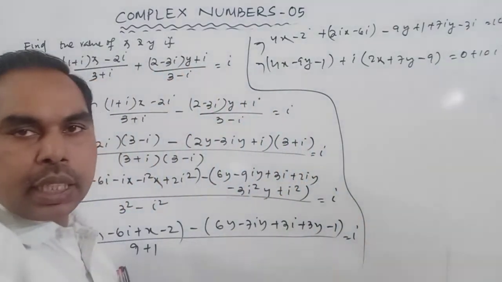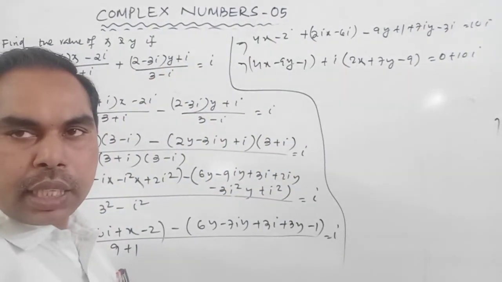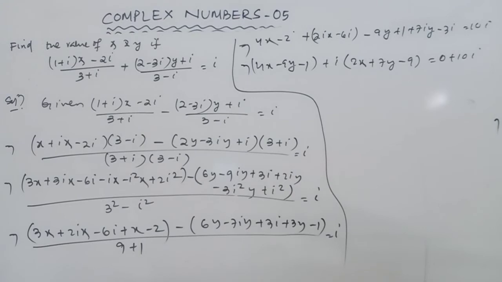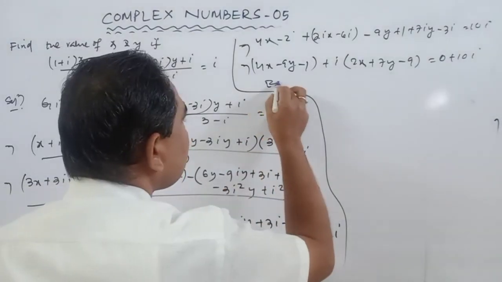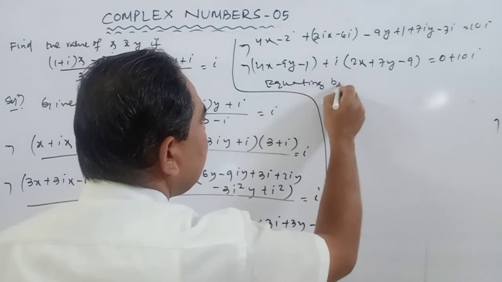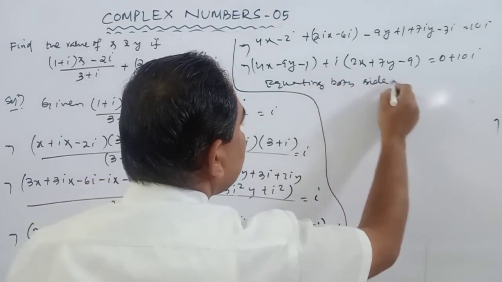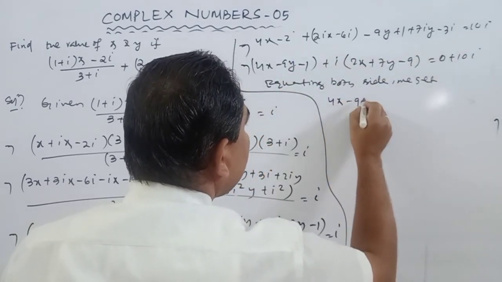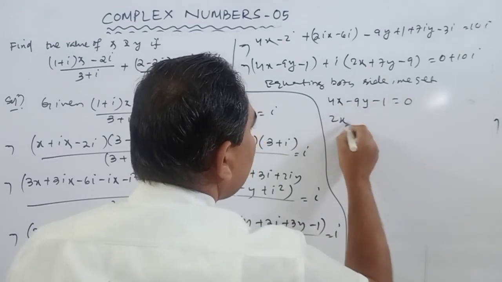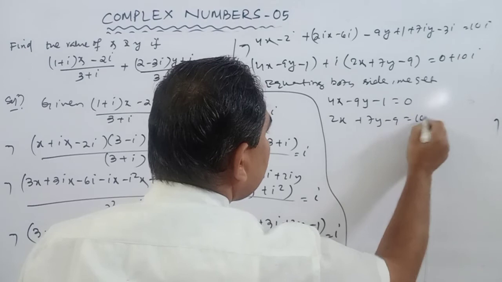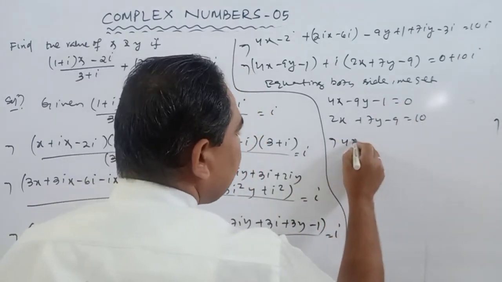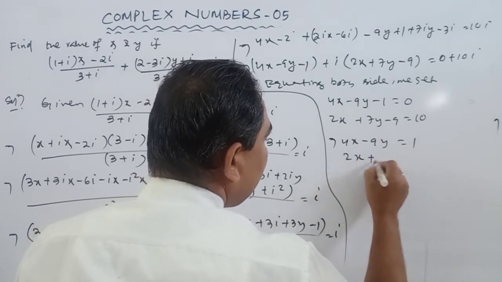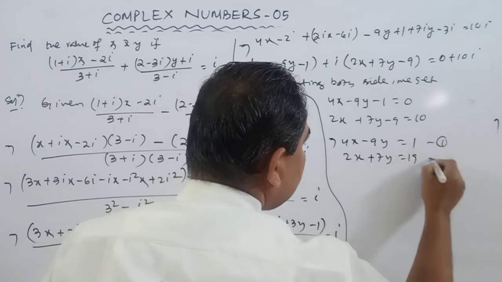So equating both sides, we get real part to real part, imaginary part to imaginary part. 4x minus 9y minus 1 is equal to 0, 2x plus 7y minus 9 is equal to 10. Or this implies 4x minus 9y is equal to 1, and 2x plus 7y is equal to 19. This is equation 1, this is equation 2.